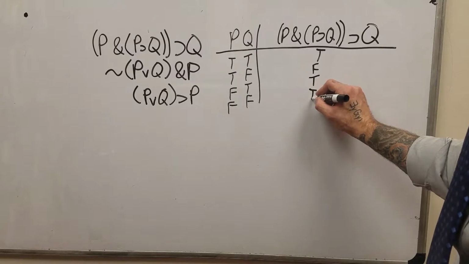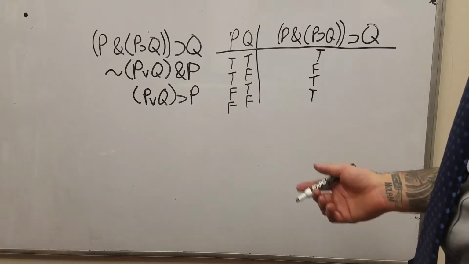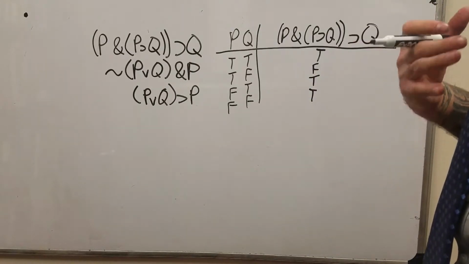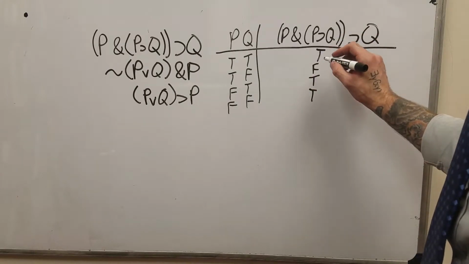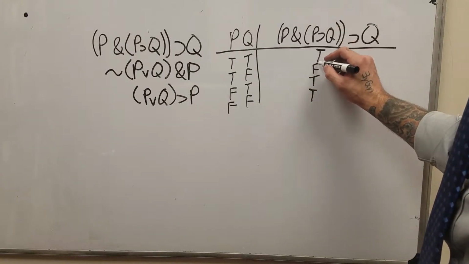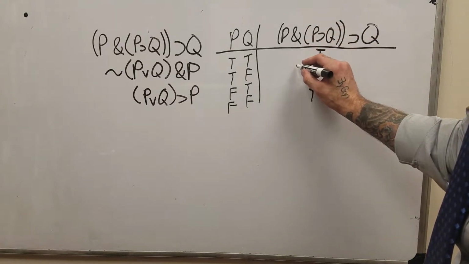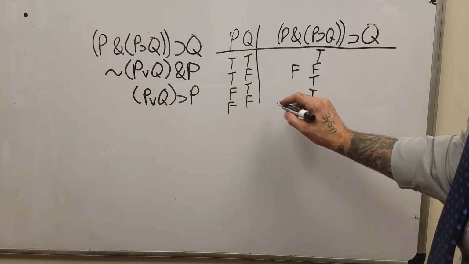Now, this is kind of what I mean by doing as little work as possible. A conjunction, in order to be true, both conjuncts have to be true, right? So we can look here and we know right away that this conjunction is not going to be true on this line because it's false here.